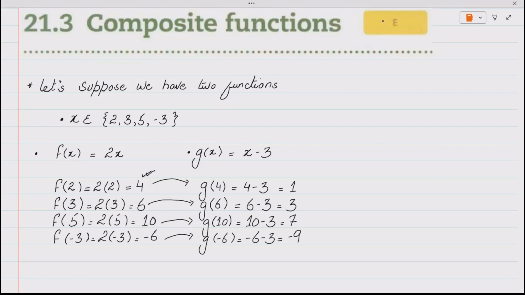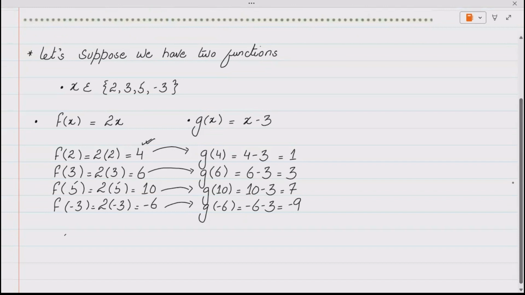So actually what I did was put the given x's in f, and whatever I got from f, I put in g. You can see that instead of one function, we now have two functions, and they behave like this: we put input x in f and got some values.